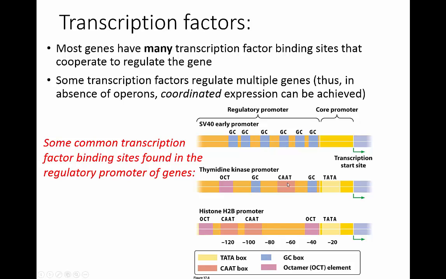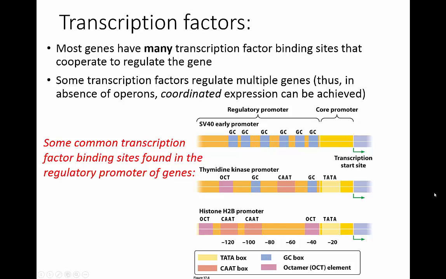And some transcription factors, in fact, will bind to the regulatory elements of many different genes. This is the way that separate genes, by requiring the very same transcription factors, can achieve coordinated gene expression, even though they are not found as operons, as is found in prokaryotes.